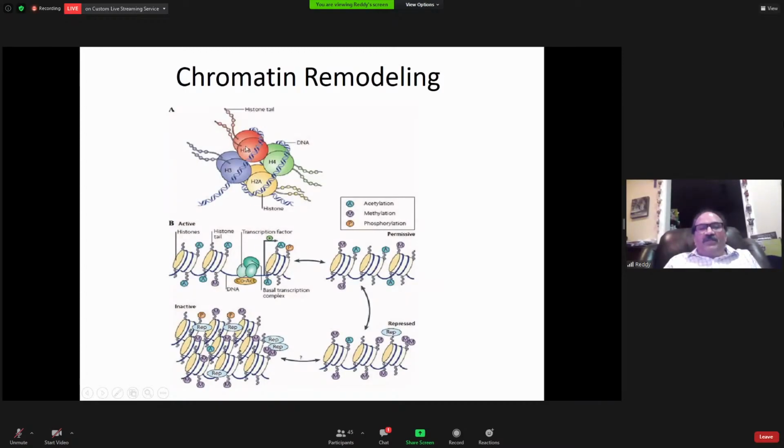Otherwise, these are tightly wrapped around these beads. Now it is open so that the transcription factors can bind. Finally, the transcription happens. As a result, there will be messenger RNA and other RNAs that are important for translation. The translation will happen in the cytoplasm, and eventually the result of the whole process is proteins.